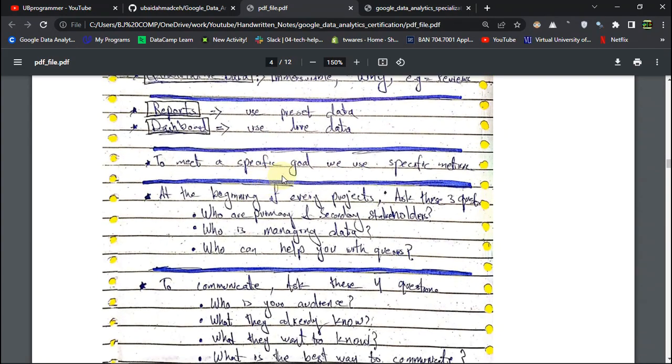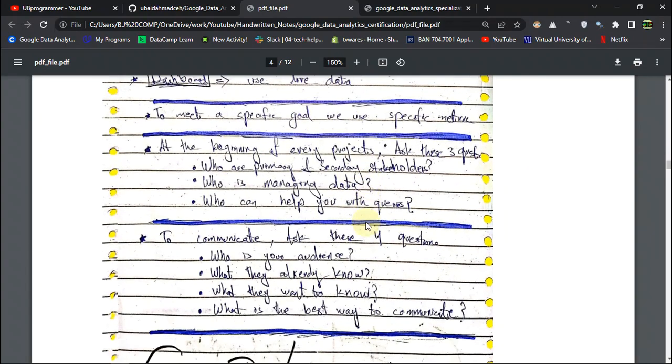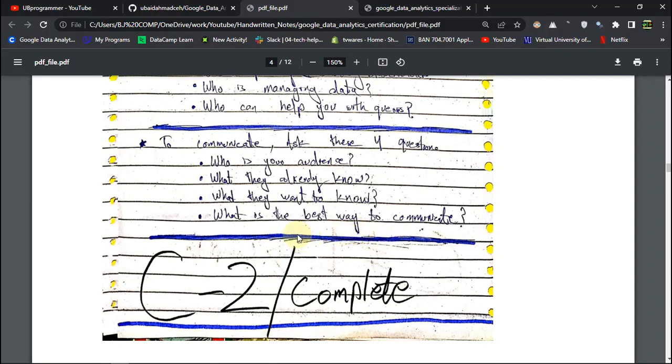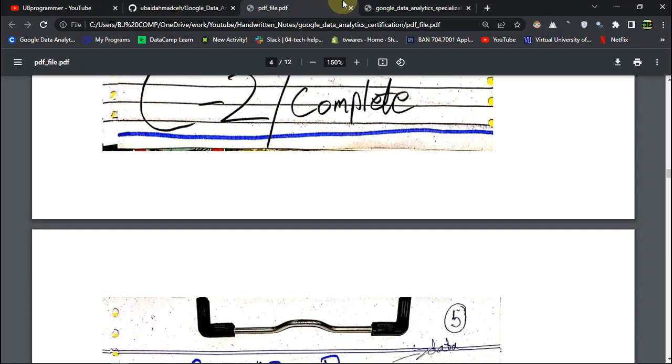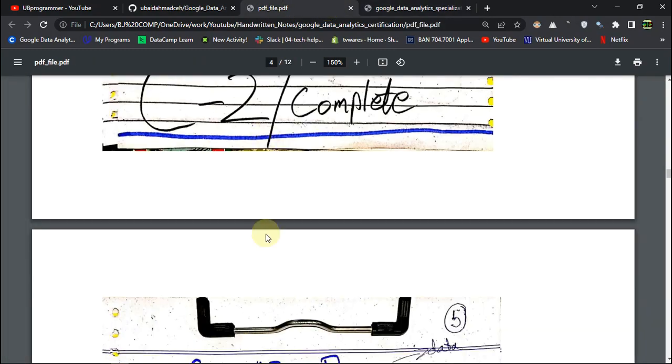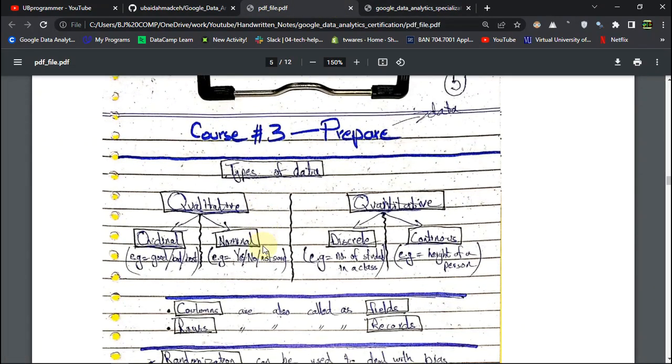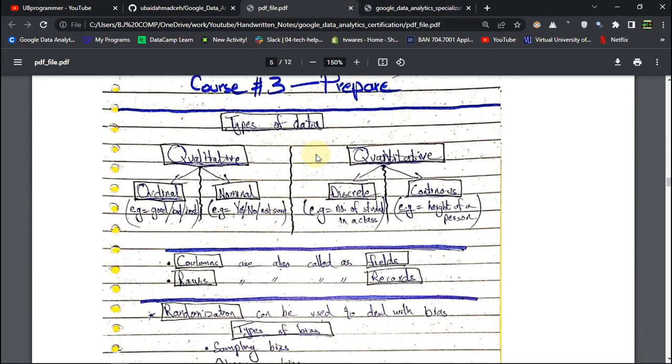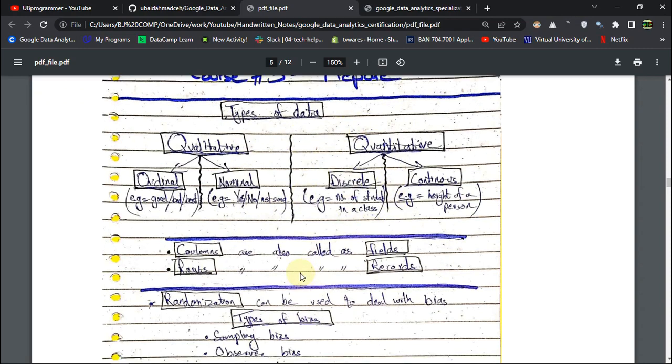Then they explain, if you have a specific kind of data, what kind of questions you should ask. Then course 2 completed, we got the Prepare Data section, or course 3, and a little more on the types of data.